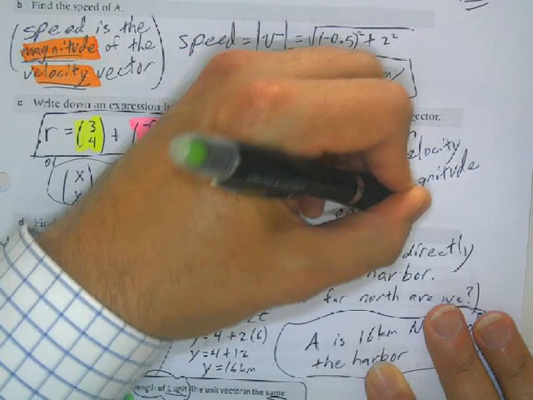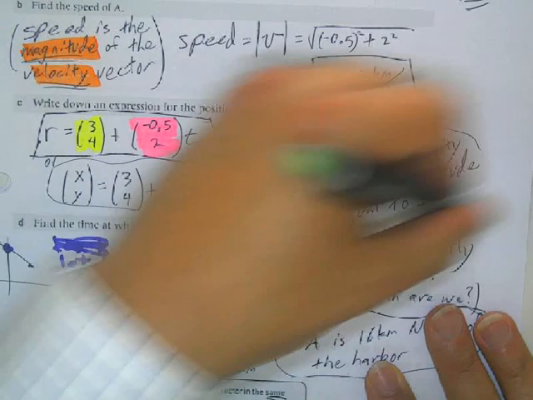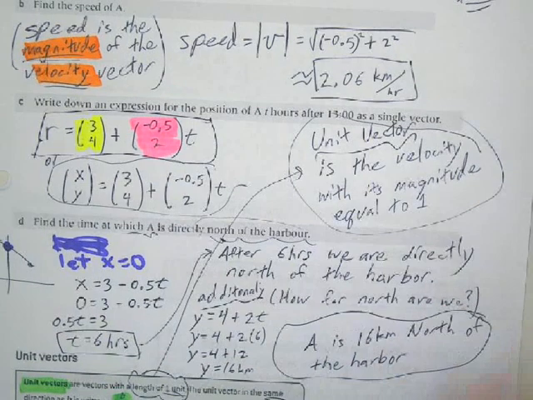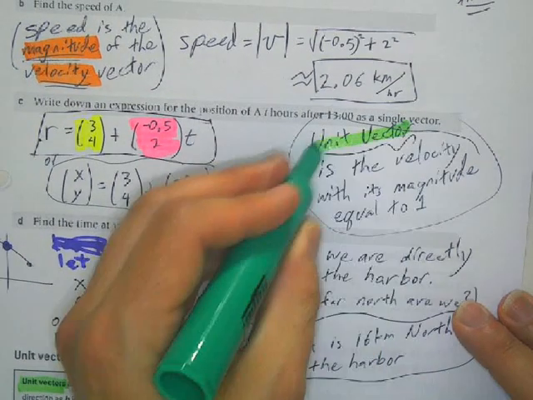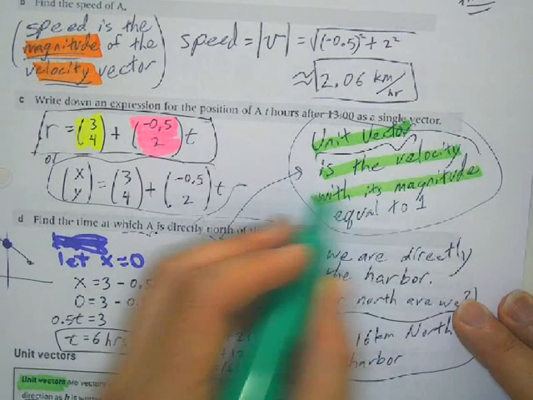Okay, it's very important. The unit vector is the velocity with its magnitude equal to 1.